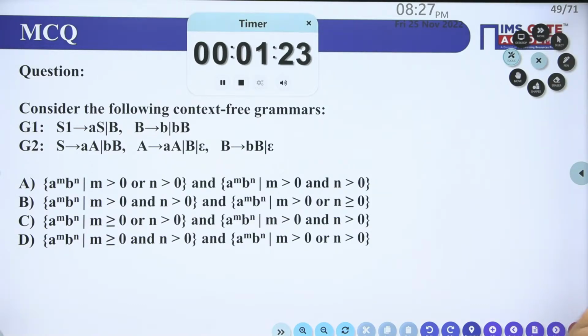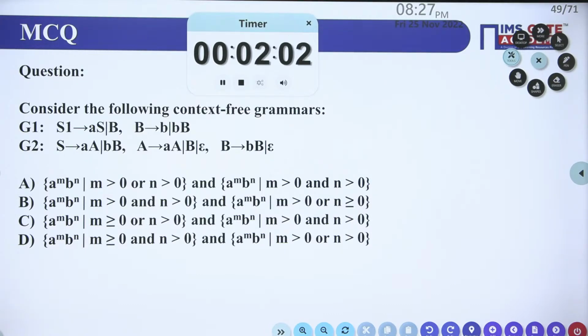Himashri says D. Okay, let's see. What about others? So Kundan, your answer is incorrect.